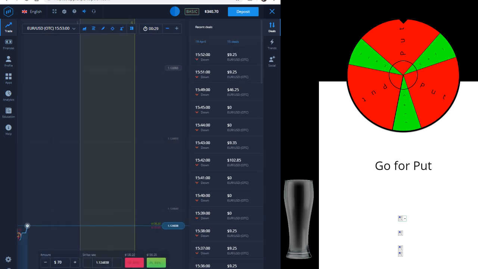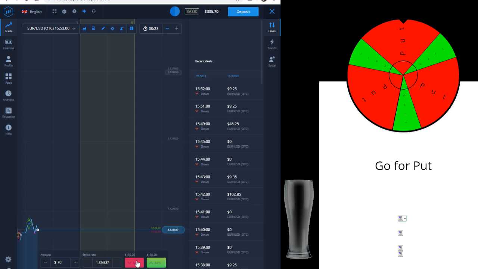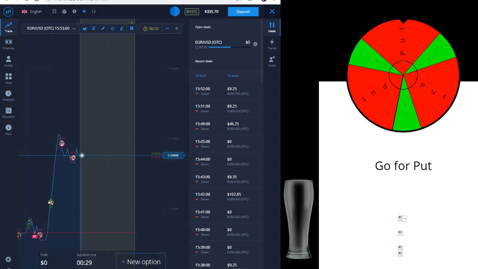So on winning, I stay with the same amount, 5, and this way I am generating $4 every minute. And if I get the direction wrong, I double up on the amount and I continue making money. For this strategy to work, I need to have at least $1,600 in the account, but I'm just using $300 just to see if I can bring that amount to the target of $10,000.